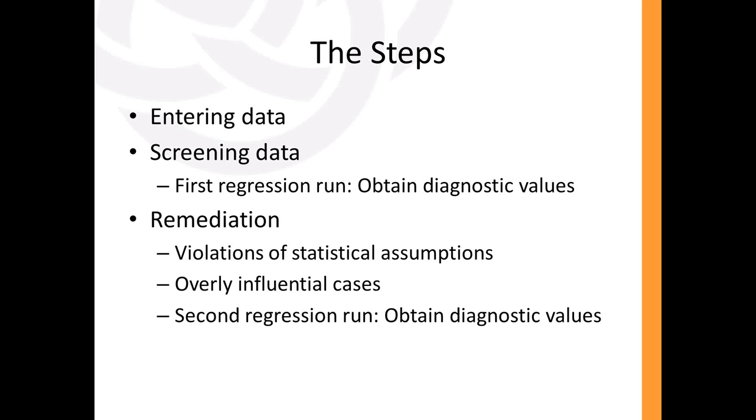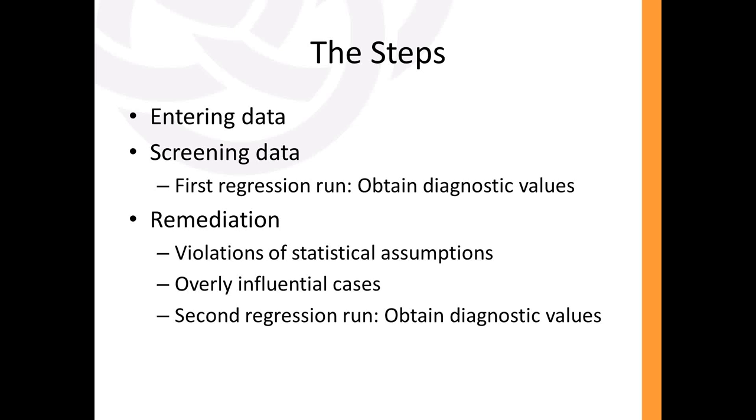So one of the first things that you would do is get these data, and then you would look at them and do remediation on any violations of statistical assumptions, on any overly influential cases, and then you would conduct a second regression which would allow you to obtain the same diagnostic variables, but now the values would be different on the basis of having applied some of these remediations.